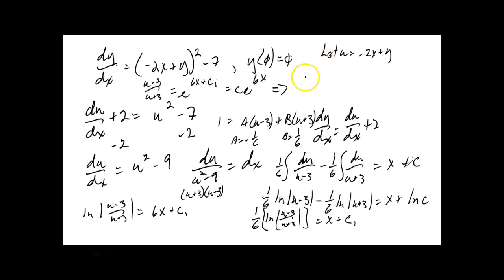So let's just make it y minus 2x minus 3 over y minus 2x plus 3 is equal to c e to the 6x. Okay? Now, there's nothing wrong with that answer, okay, at all. Oh my, they did something different. Wait a minute.